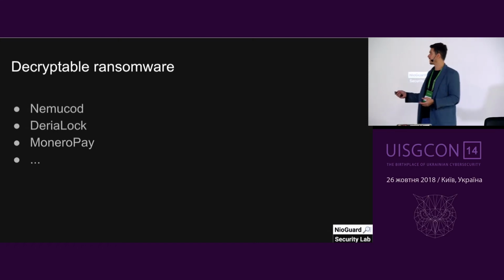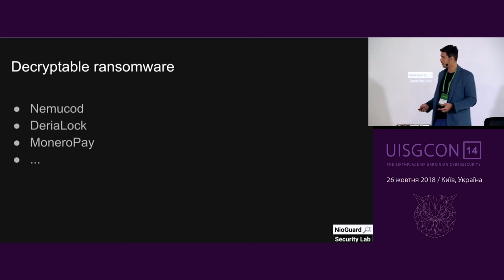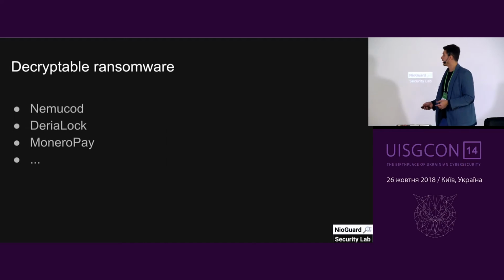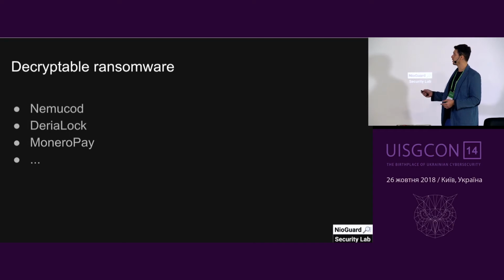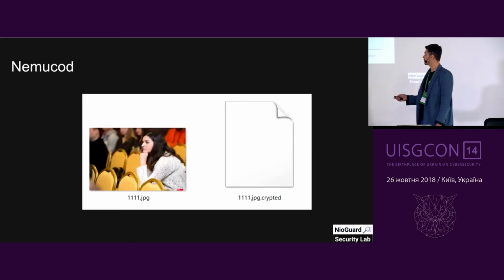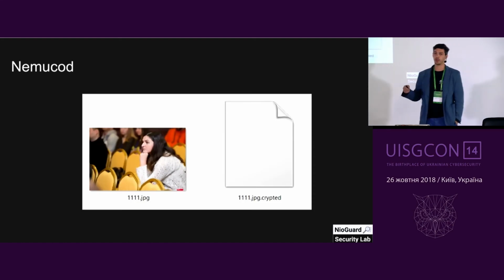Just say, okay, you can decrypt, you need to pay ransom, because there is no other way to decrypt your files. Among such families, there are Nemucod, Xorist as well, DeriaLock, MoneroPay, and many others that you can find, for example, on the nomoransom.org portal.